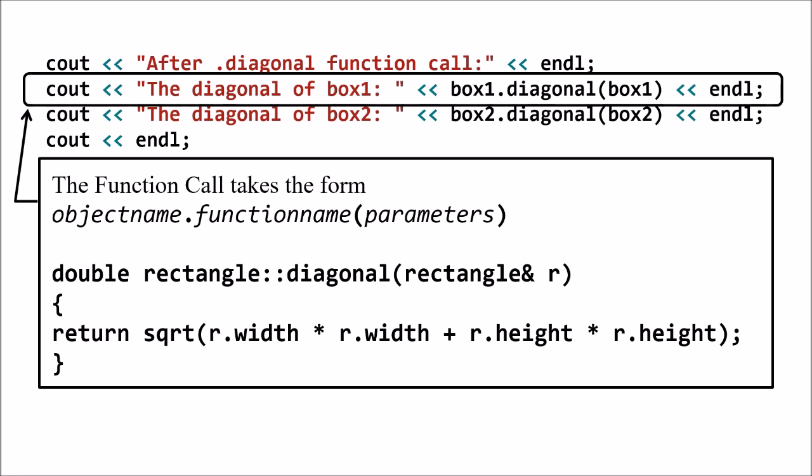And inside this function call, it performs a calculation taking the width, squaring the width data member and squaring the height data member and adding the two together, then taking the square root. Then it returns that value to the function call, where the value is then printed out on the display, and the same function call is then made with box2, and the value of the diagonal is printed out on the next line of code.